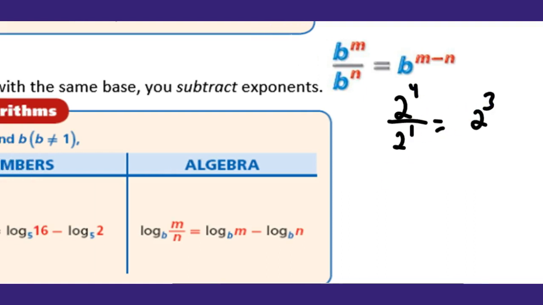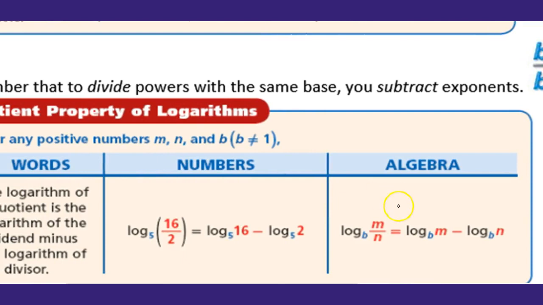The same logic applies with this rule: you have this base, and in this division you can subtract, log base b of m minus log base b of n. Keep the same base though. Do not change your base.